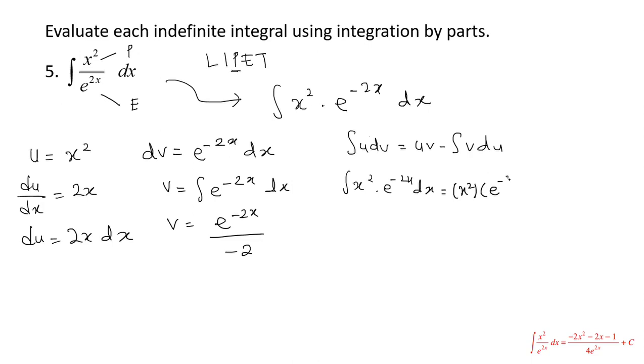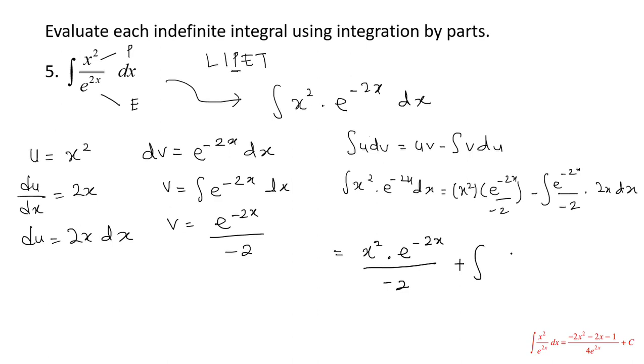Your v is exponent negative 2x over negative 2, minus integrate exponent negative 2x over negative 2 times 2x dx, because your du is 2x dx. So simplify further, you will have x squared exponent negative 2x over negative 2 plus integrate.